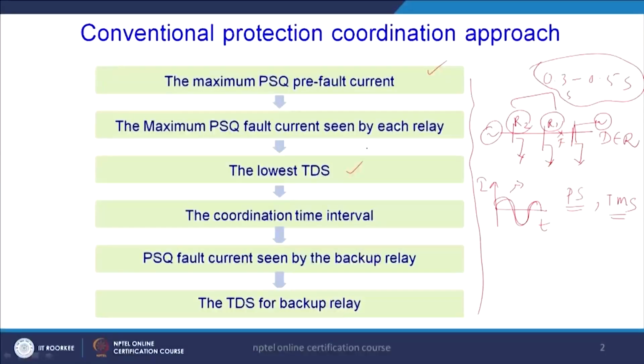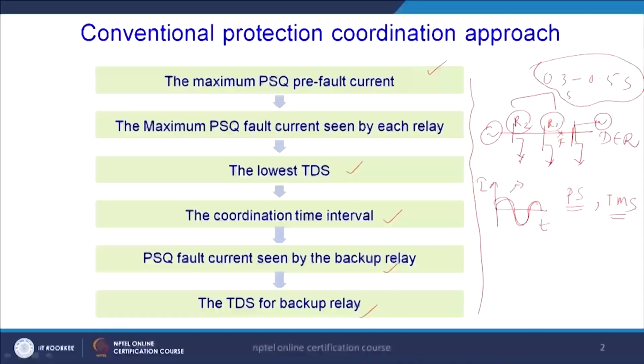Then, by seeing this maximum fault current, the corresponding TDS or TMS is set and the coordination time interval is set. Then the corresponding backup relay current is also set, and then the TDS of the backup relay. Basically, this is the way to take the coordination from the primary to the backup.